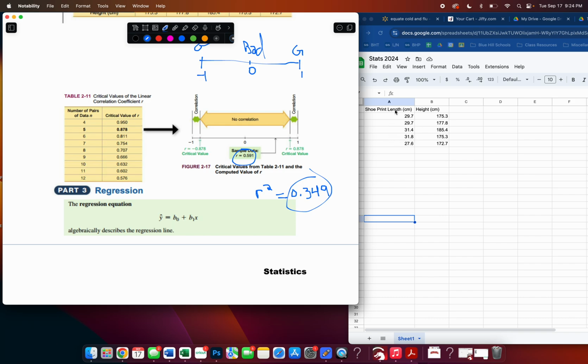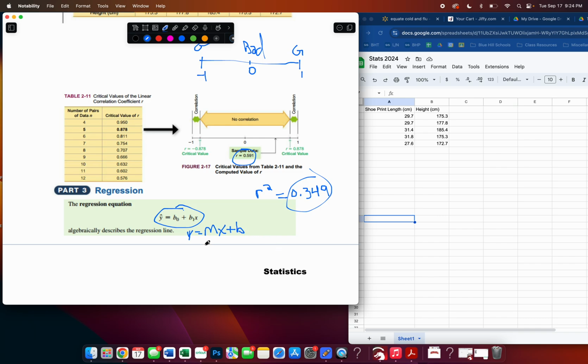I'm going to show you how to do a regression line, or what's called a line of best fit, and it will spit out an equation that looks similar to this. The only thing that I don't like about this is that usually linear functions are y equals mx plus b, right? Where m is the slope and b is the y-intercept.